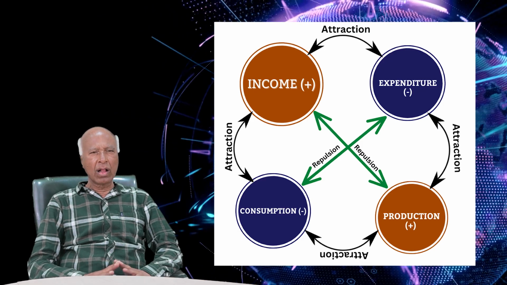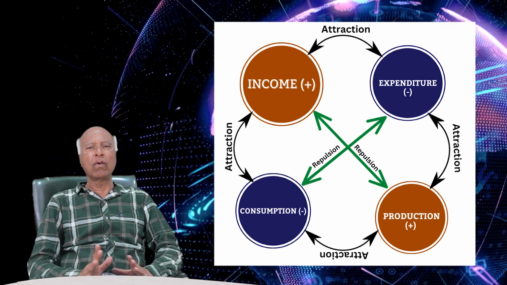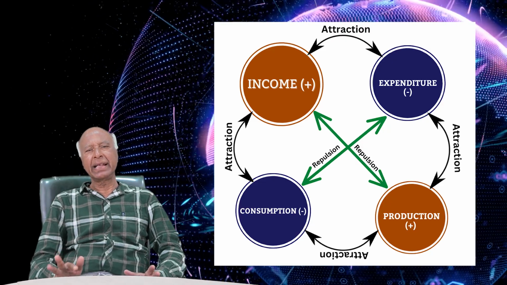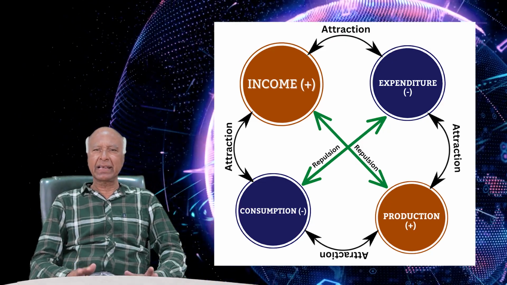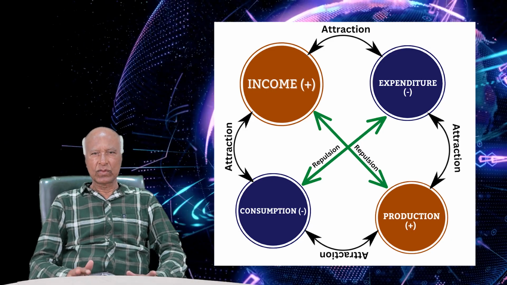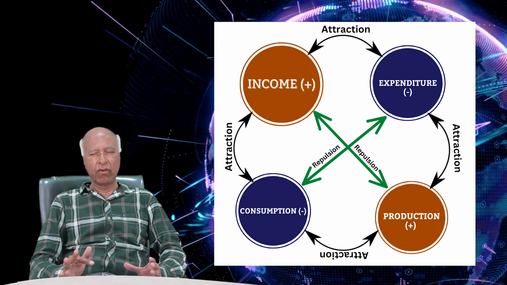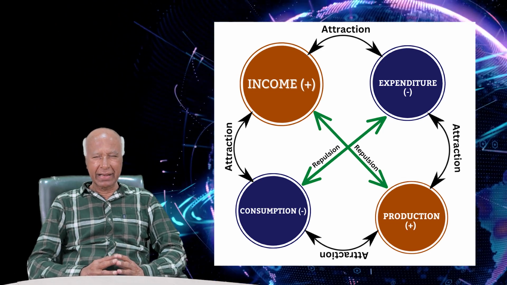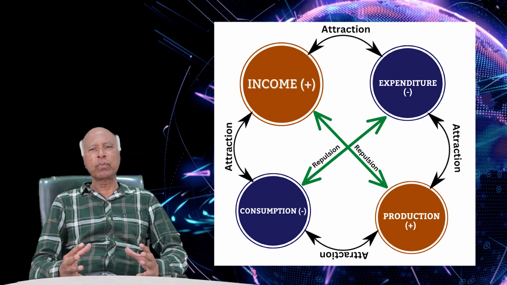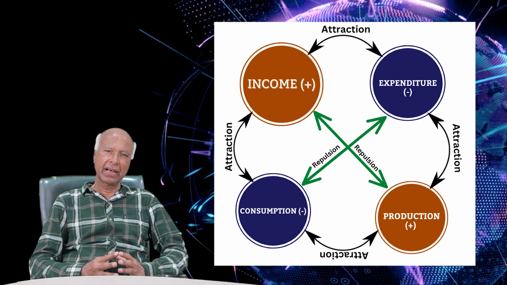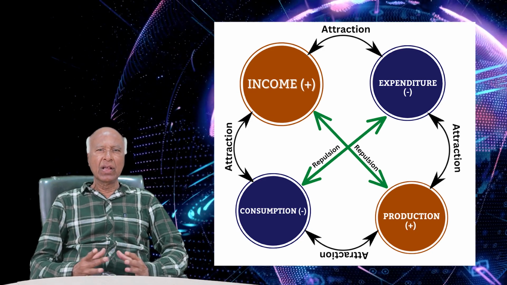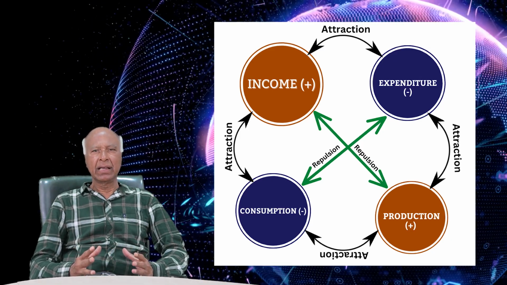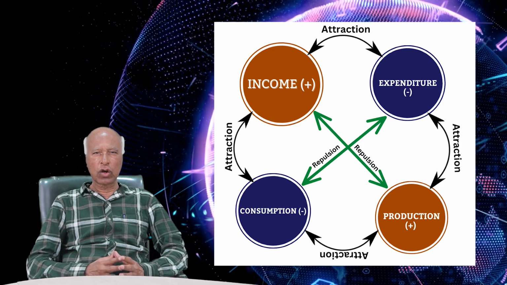So all the four poles of the shape of economy have a tendency, a scientific fact, that the forces of attraction will bind it together, because if the four poles are attracting each other, the cohesive force, you can call it a national economy.